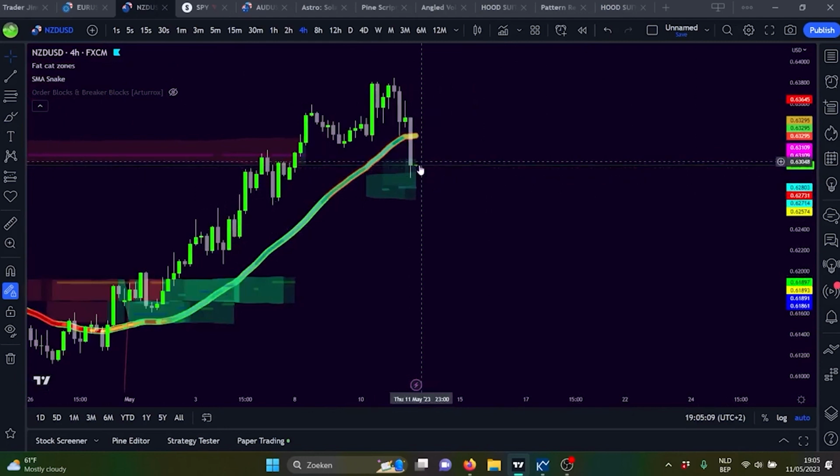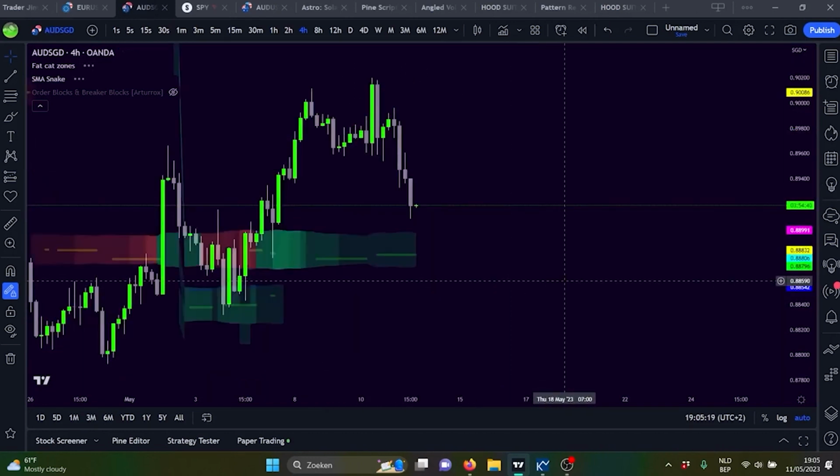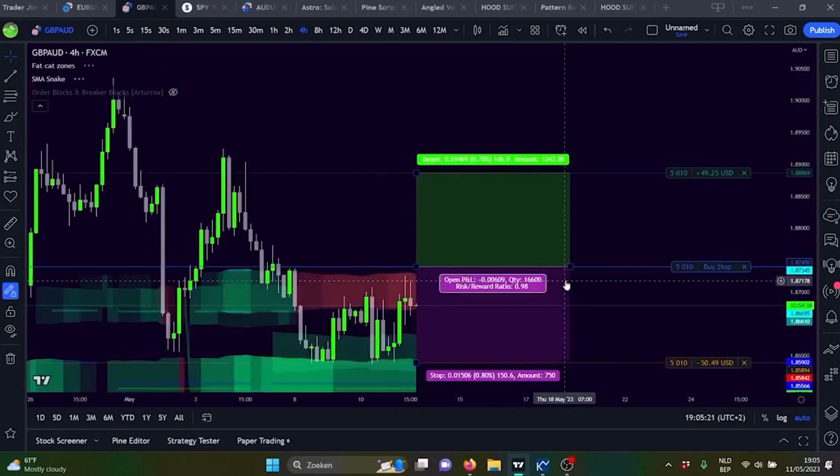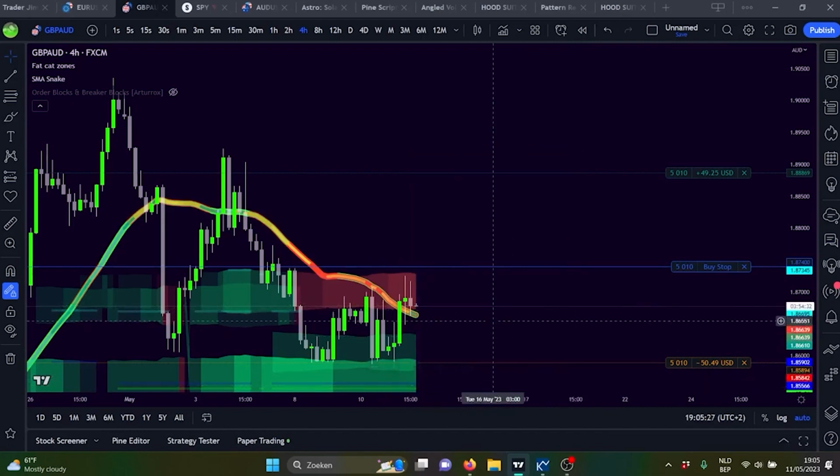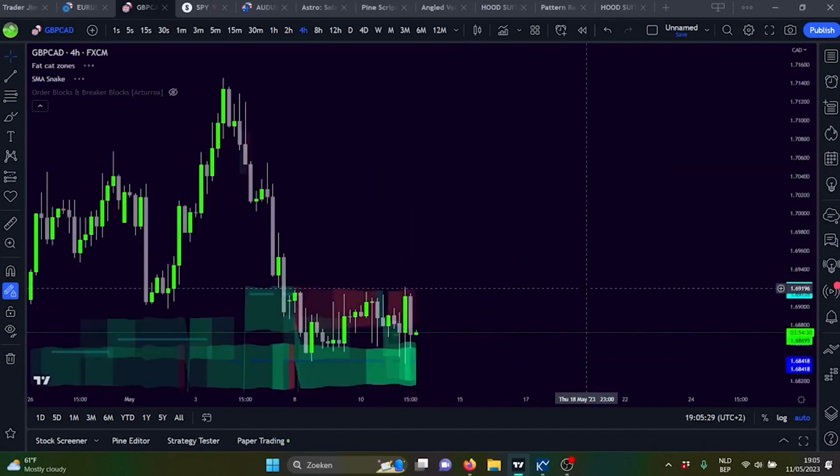So I really need to establish a confirmation. Also, the zone isn't really that strong. It's a double zone, so not that strong. Let's remove this. Still hasn't been triggered.